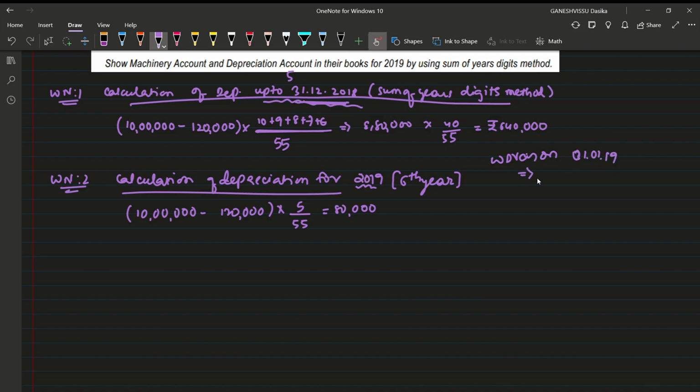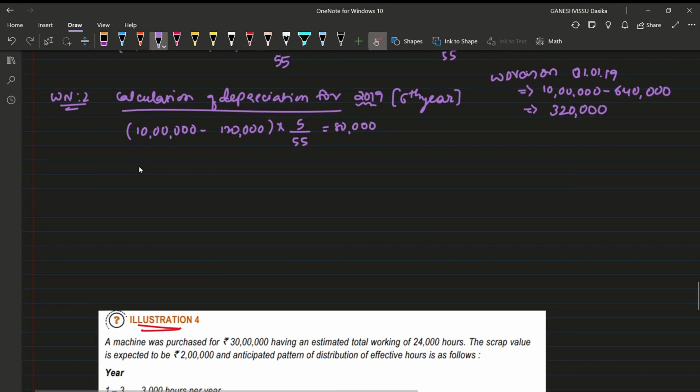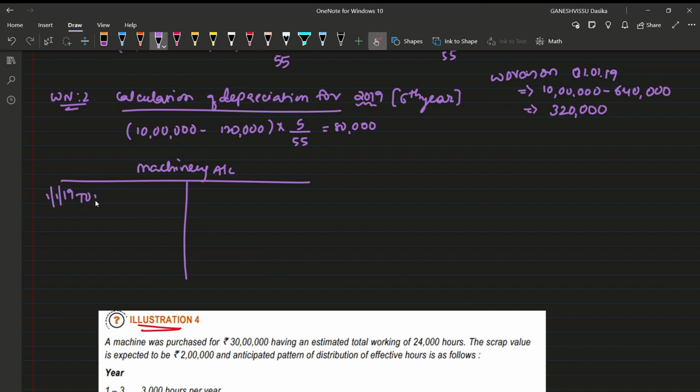10 lakhs is the total value of the machinery, from which 6 lakhs 40,000 is the depreciation up to 31st December 2018. And what is the remaining value? 3 lakhs 20,000 is the balance brought down. In the machinery account, as the opening balance on 1/1/2019, to balance brought down 3 lakhs 20,000.